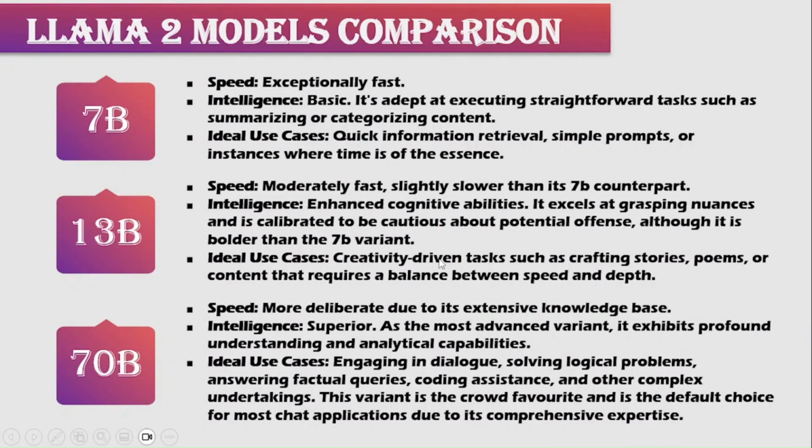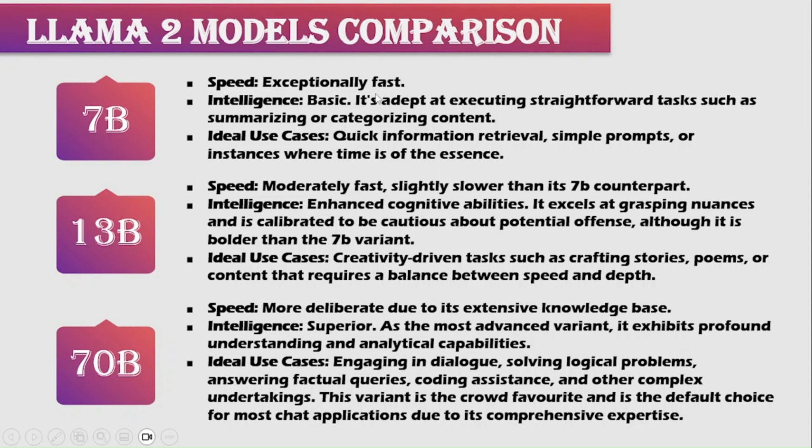So here you can see Llama 2 has come up with three models: 7 billion parameters, 13 billion parameters, and 70 billion parameters. If we compare among them, you can see the speed of the 7 billion parameter model is exceptionally fast, but its intelligence is basic. You can say it's the dumbest model among these three.